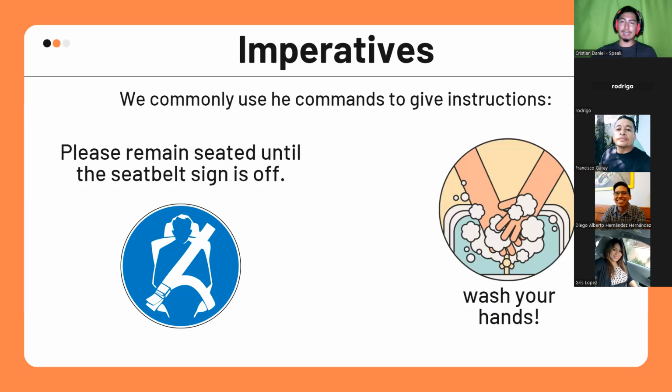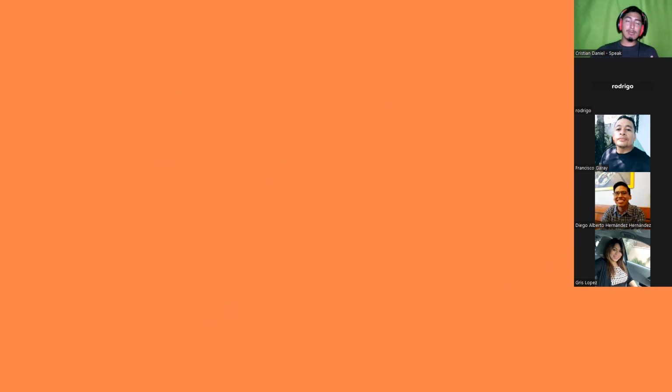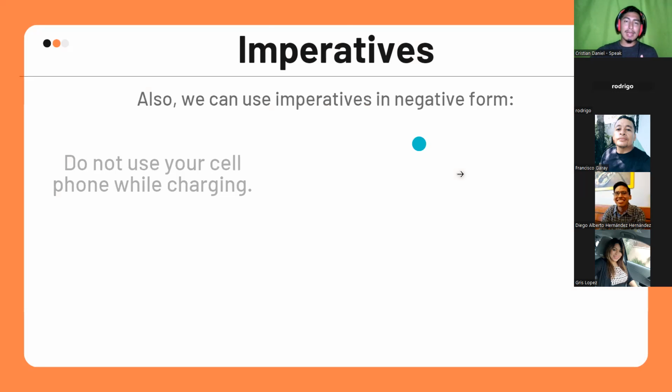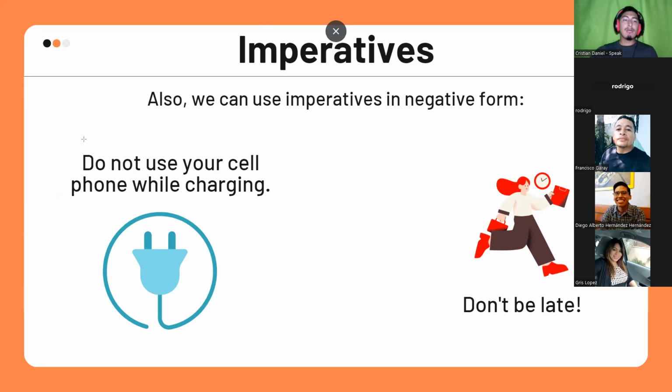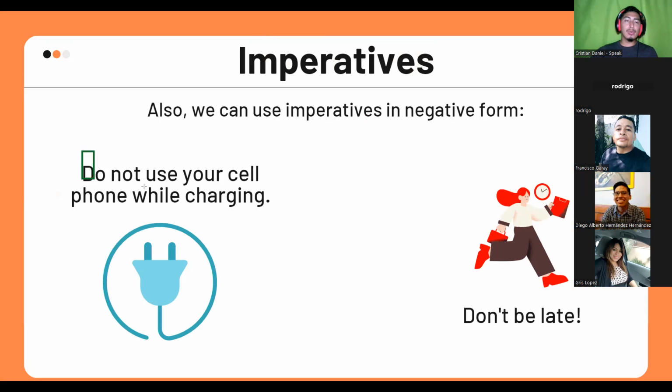Wash your hands. As you see, we are using the verbs in present form. That's why, everybody, in imperative form, in negative, we have to use "do" plus "not," or the contraction "don't." Question for Rodrigo. Rodrigo, where can you find the first imperative sentence?